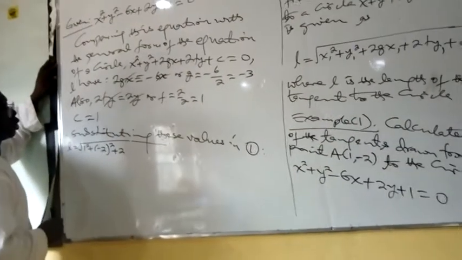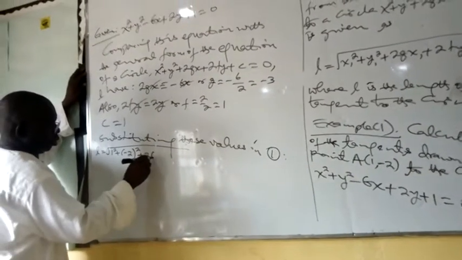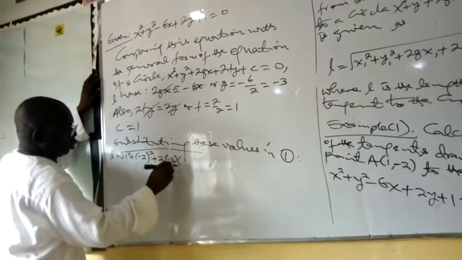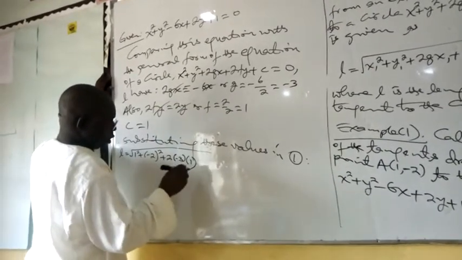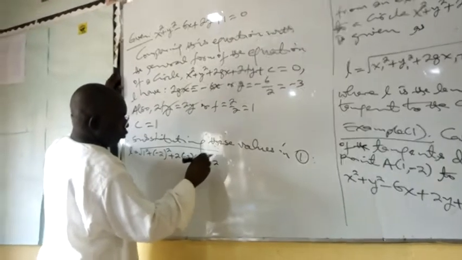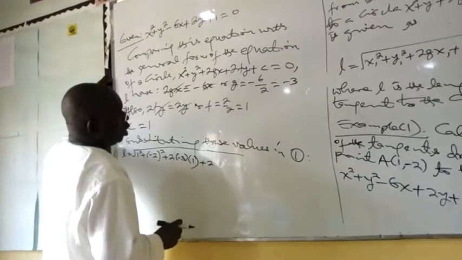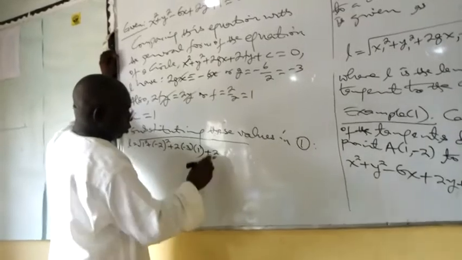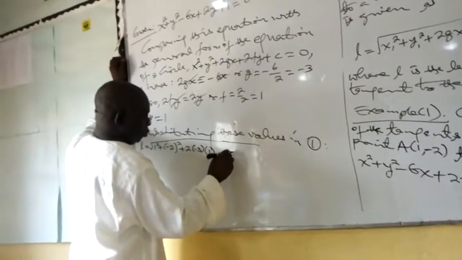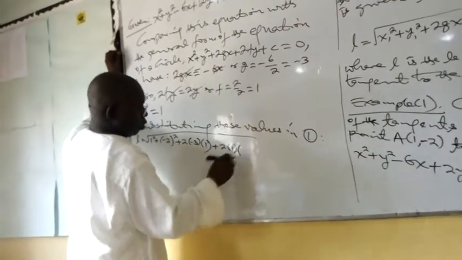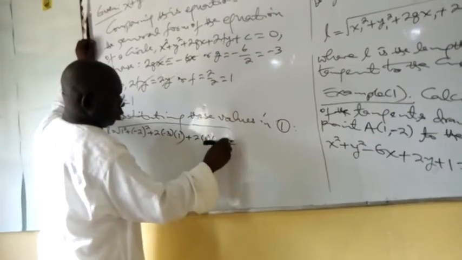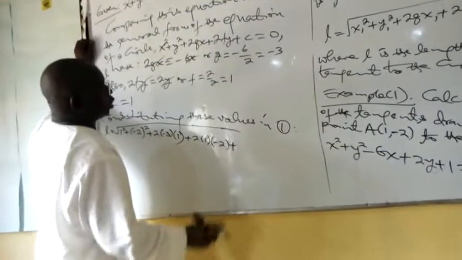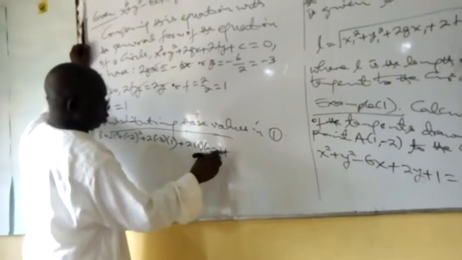G in this case is minus 3. 2 into minus 3 into 1, plus 2fy. F in this case is 1, so 2 into 1, then y is minus 2, plus c. C in this case is 1.